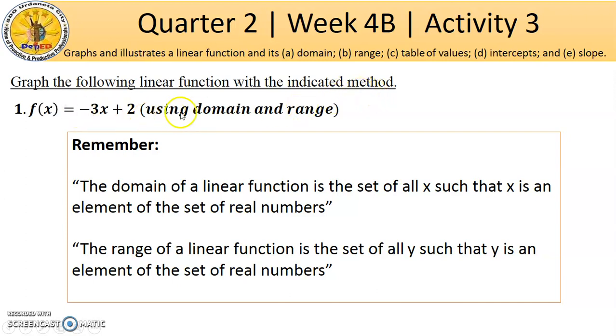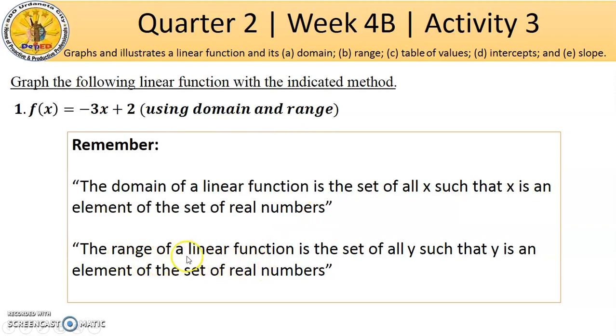The first method that we're going to use is using the domain and range. Given the function f(x) = -3x + 2. Remember that the domain of a linear function is the set of all x such that x is an element of the set of real numbers, and the same with the range.